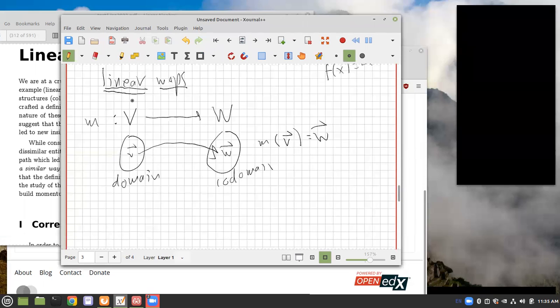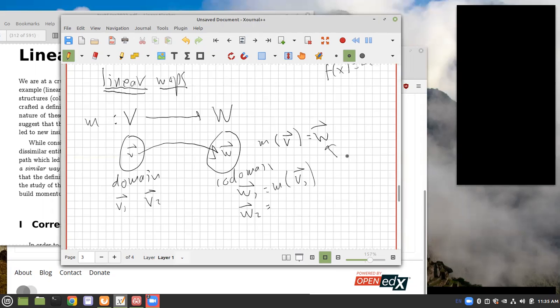And the linear maps respect the linear structure of the vector spaces, in the sense that if I have, say, V1 and V2, since the map assigns a partner, there's going to be a W1 and a W2. W1 is M of V1.